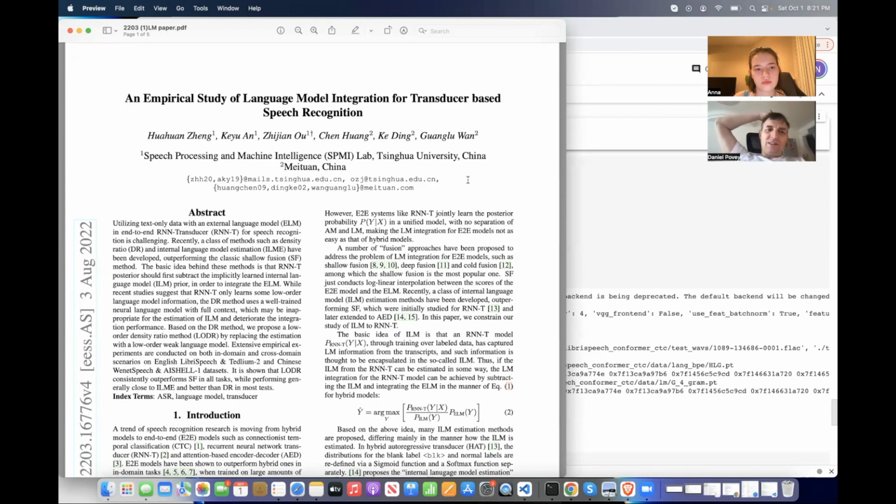That's going to be a stand-in for the internal language model of the RNN-T. So anyway, this is something that we're actively working on. Right now, it is possible to do decoding with a language model, but it doesn't necessarily give great improvements if you're working on the same data that you trained on.